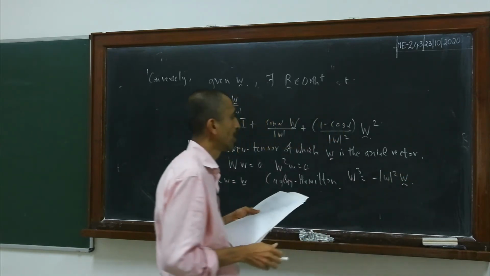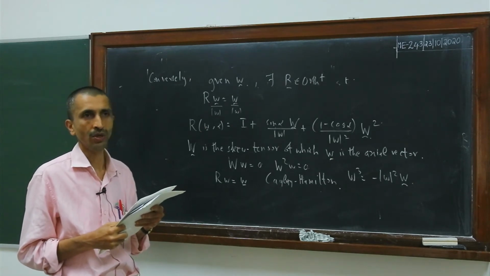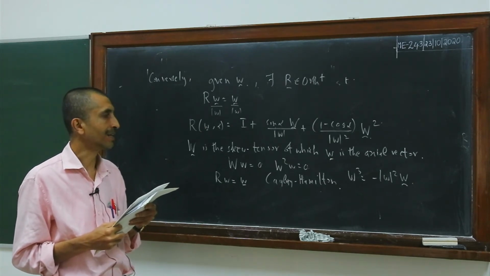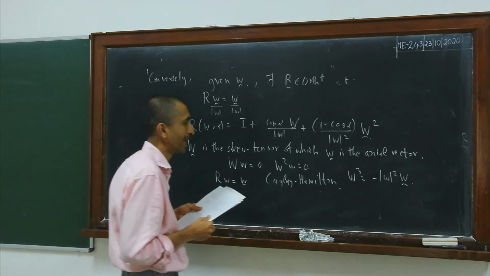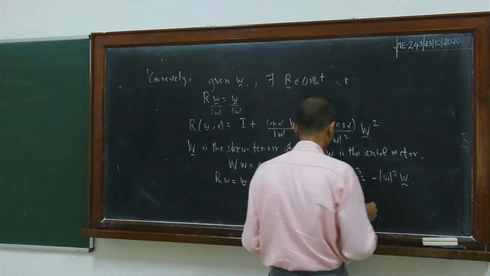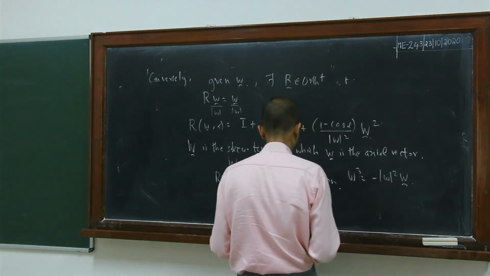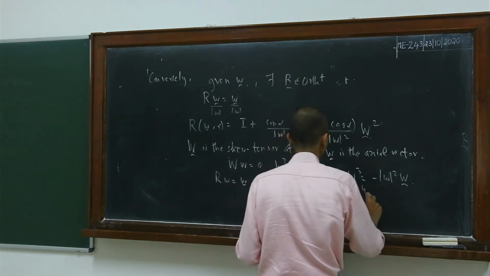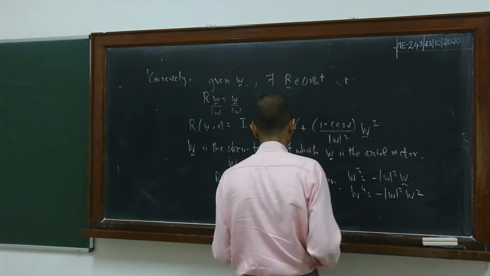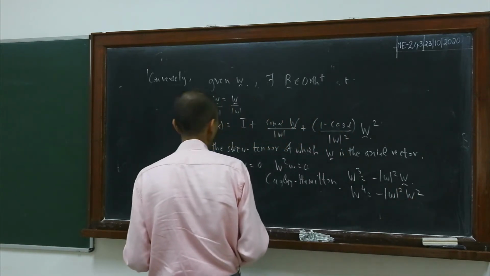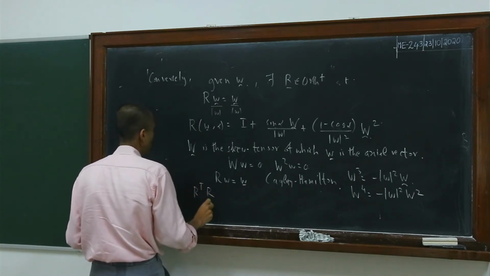Okay, so use the fact that trace of W is 0, then use the fact that determinant of W is also 0, and then find out the second invariant, and from that you will get that W raised to 4 is equal to minus W square times W square. So now you can write R transpose R. Verify this.